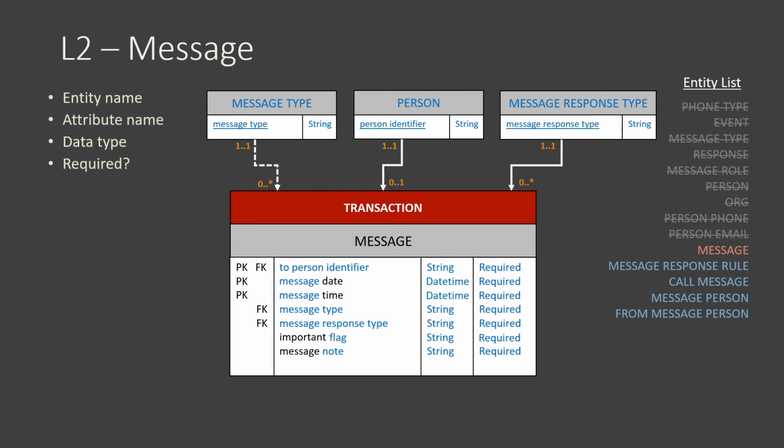Before moving to the next entity, the team reviews the three attribute compound primary key, consisting of person identifier, message date, and time, for potential update scenarios. One possibility is that the wrong person name was originally associated, which may require an update. The date and time would most likely be programmatically added.